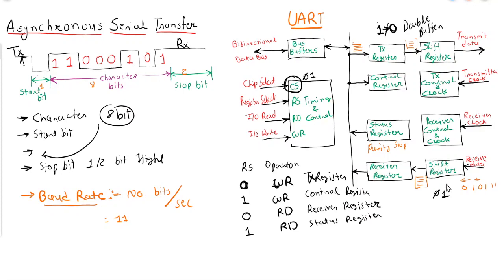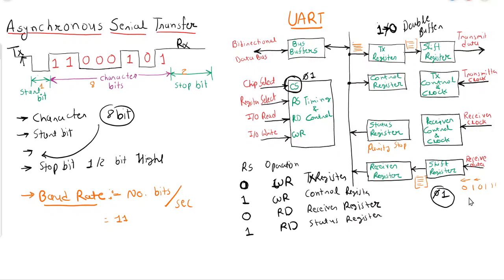If the CPU detects that the value of this flag is 1, then the CPU will transfer that data from the receiver register to the bus buffer. As soon as the CPU transfers the data, the next 8-bit data or character will be transferred from the shift register to the receiver register. This is how it will work.